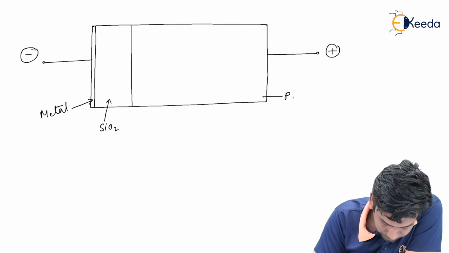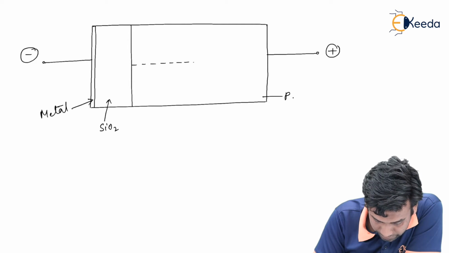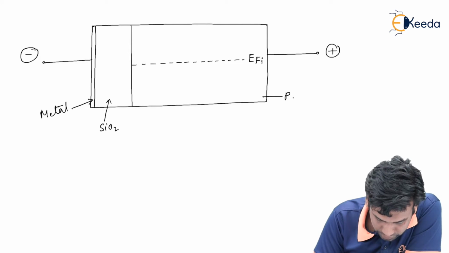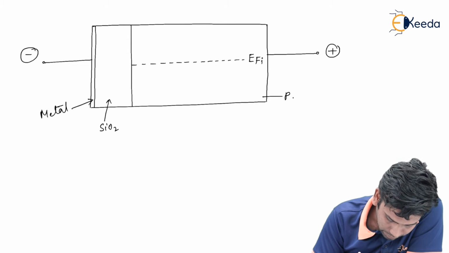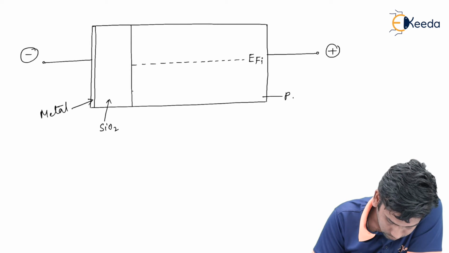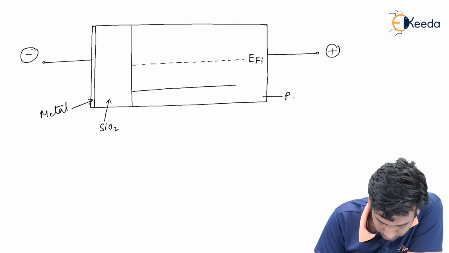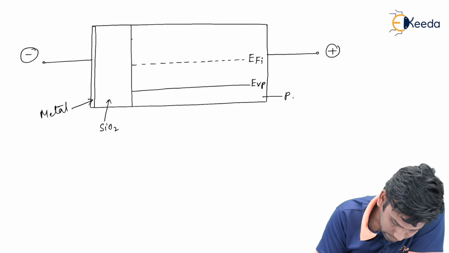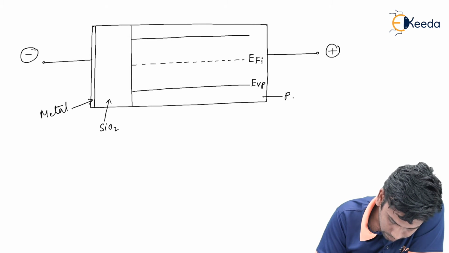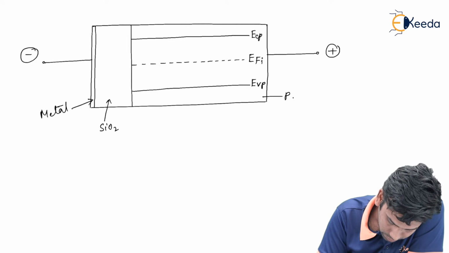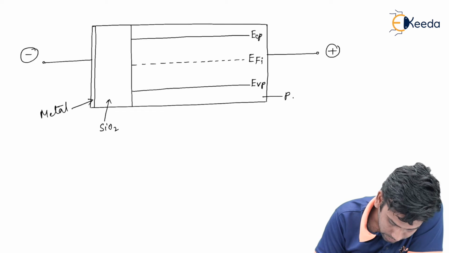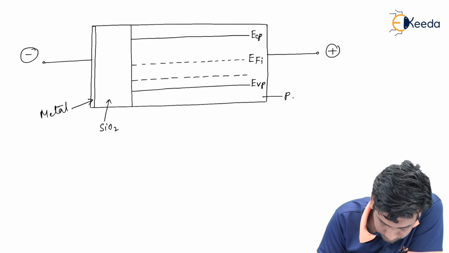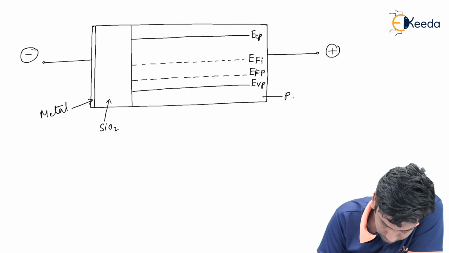So EFI, that means intrinsic Fermi level, will be just near the middle of the band gap, and this is the EVP, and this is the ECP, and the Fermi level is near the valence band, so EFP.